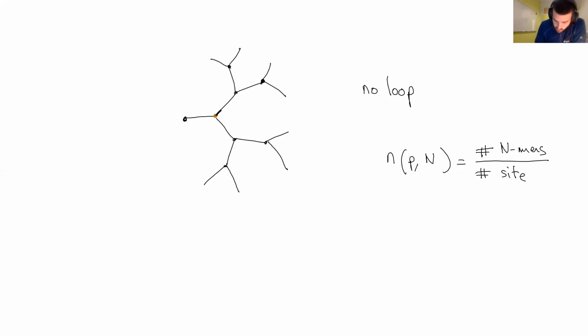This is a monomer, this is a dimer, this is a trimer, this is a quadrimer, for instance. Okay, so the number of n-mers is the number in the entire system of molecules of size n. So here n equals 4, for instance. And you just divide by the number of sites to define this distribution. So this will be the typical distribution of objects for a given probability, okay, of activating, meaning of transforming this black bond into an orange bond, a proper bond.